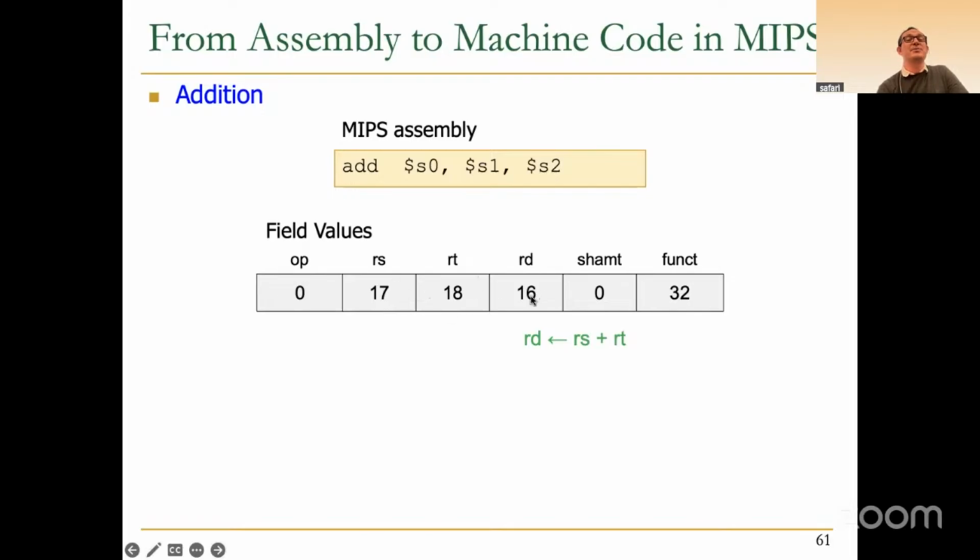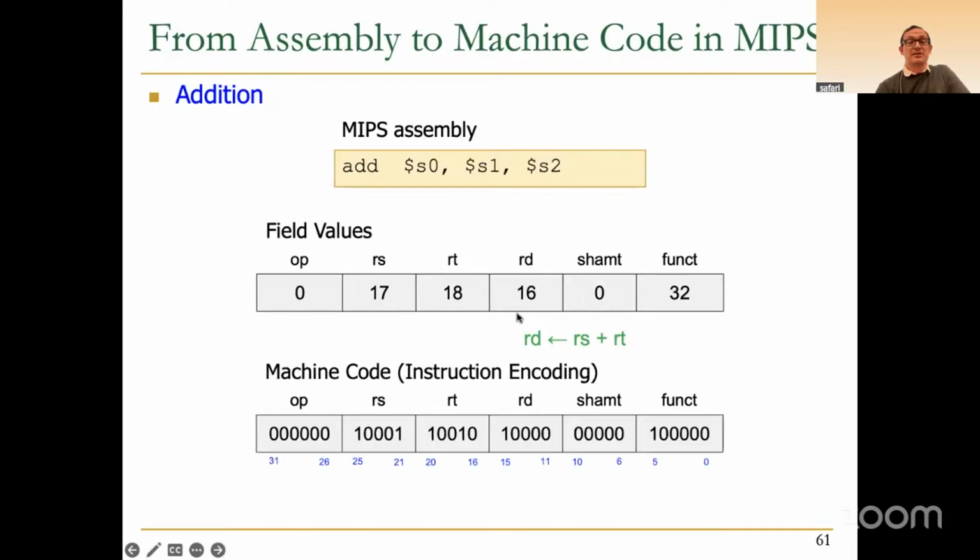In this case, it turns out S0, S1, and S2 are 16, 17, and 18. There's a mapping also over there that is done, but don't worry about that right now. This specifies that you should add RS, register 17, to register 18, and store the result in register 16. Okay, this is the machine code, the instruction encoding.